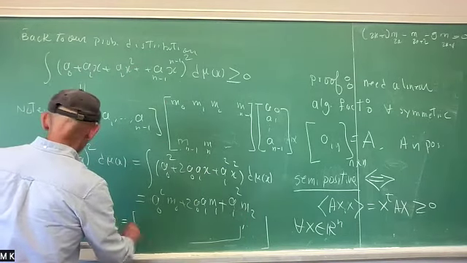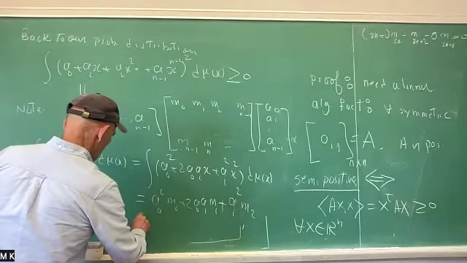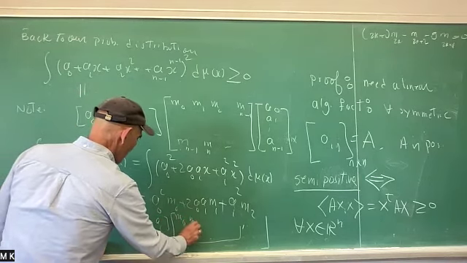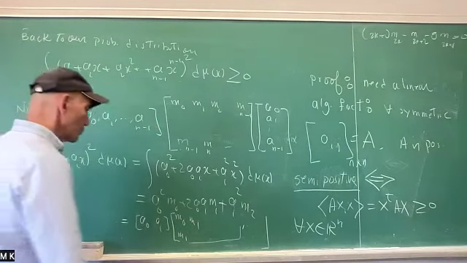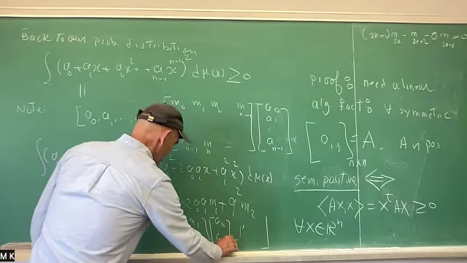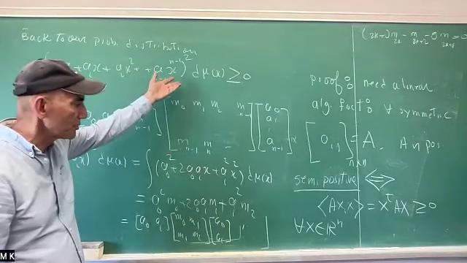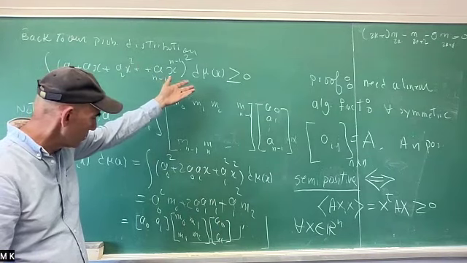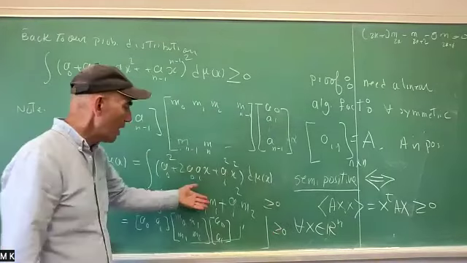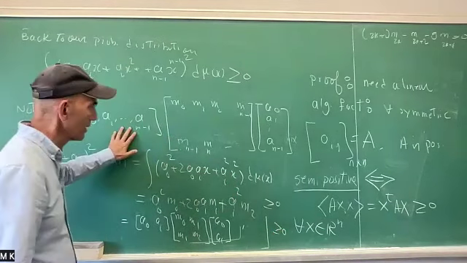That's exactly (a0, a1) times the matrix with rows (m0, m1) and (m1, m2), times (a0, a1). But we know this is non-negative because of the properties of probability distributions, so this is bigger than or equal to 0. If you move on, you can do it for 3 terms, 4 terms, and so on. You convince yourself that this statement is actually correct.